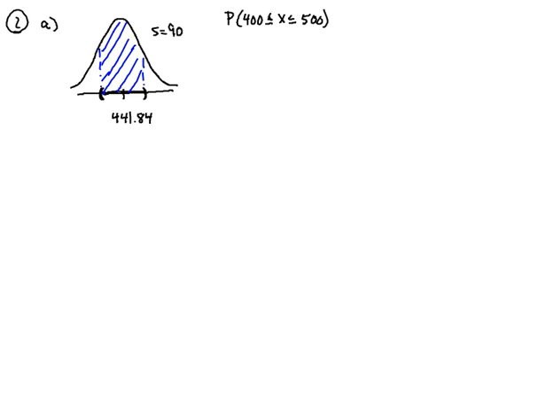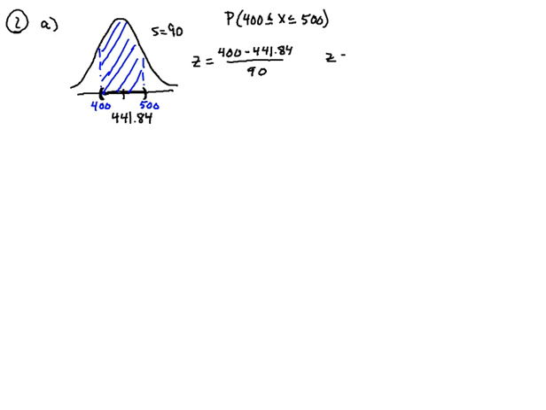Now, to do that, I'm going to need the table, and I'm going to have to calculate the z-score of the 400 and the z-score of the 500. So z of 400 is 400 minus 441.84 divided by 90.